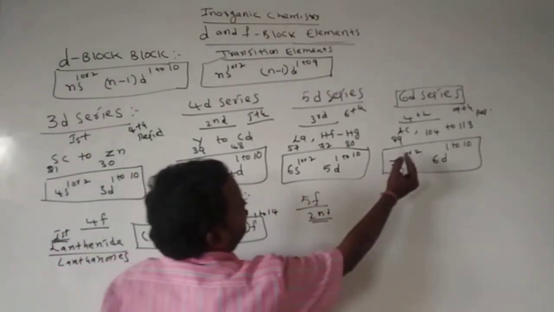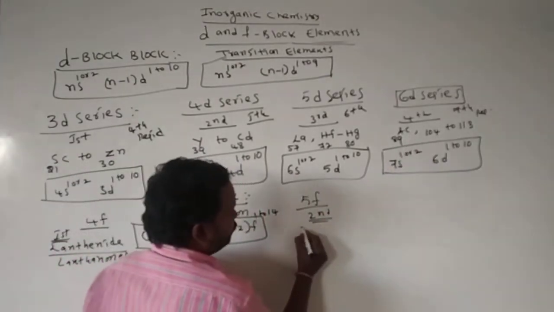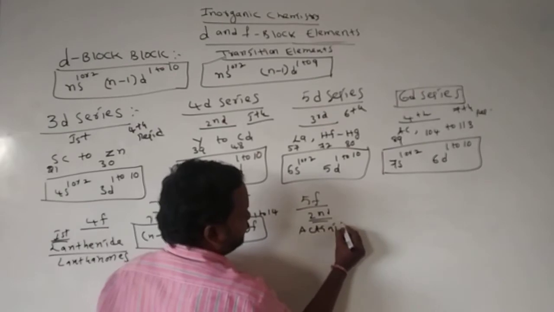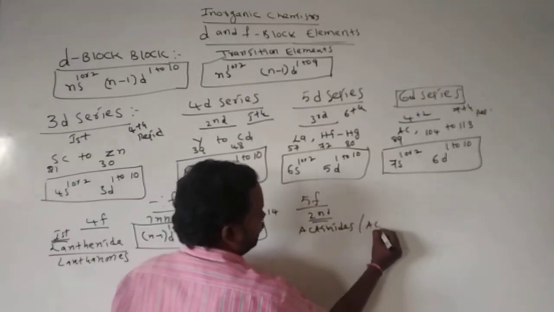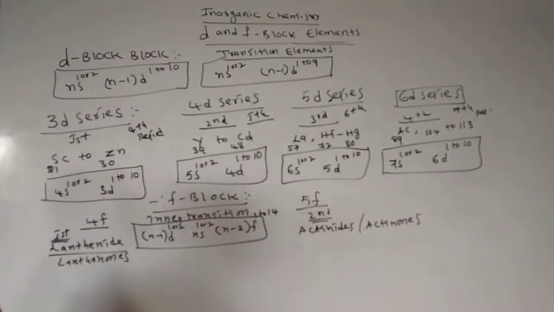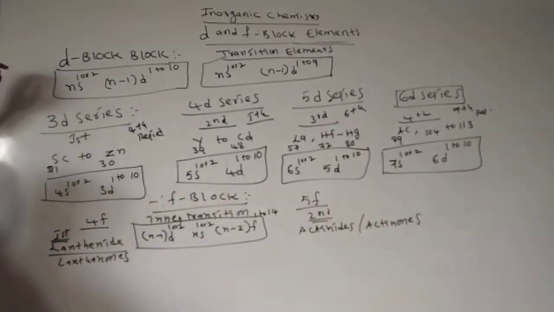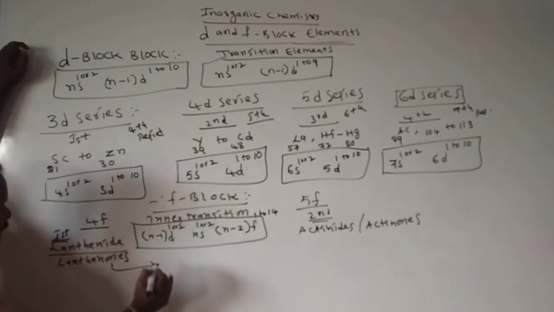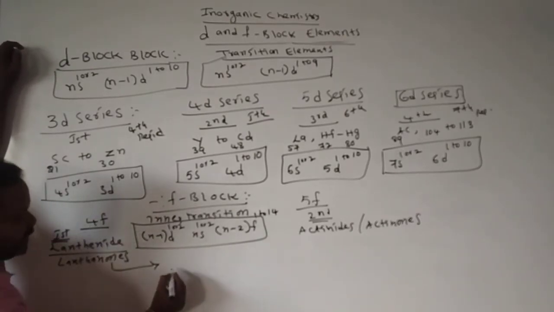The 5F series starts after actinium 89, so we call these actinides or actinones.